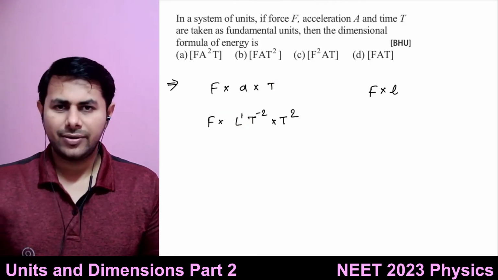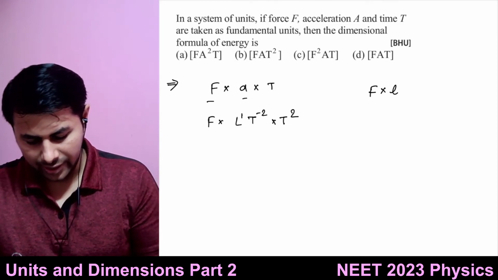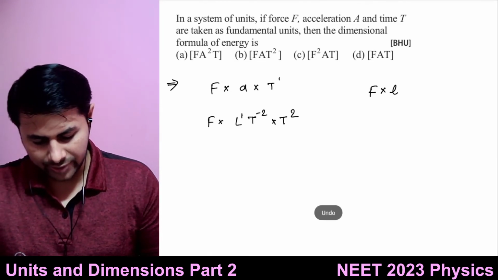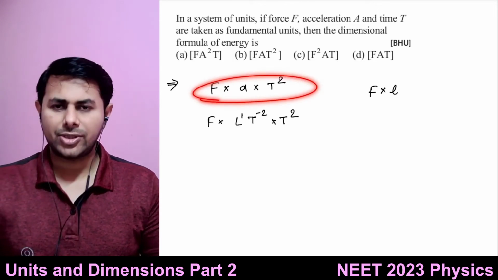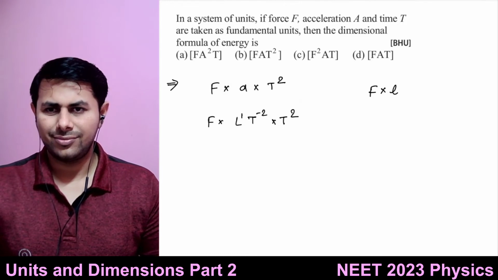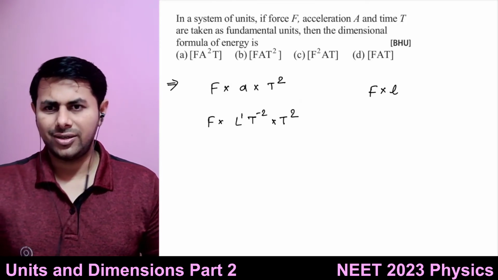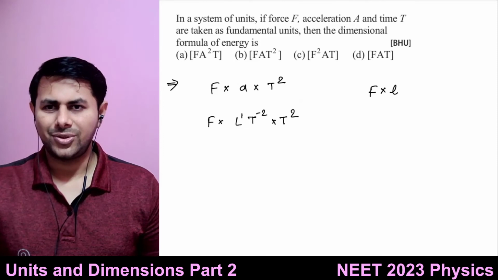So if we have F, A and t square, then the dimensions of that will be equal to the dimensions of energy. Yes or no? Sonali, got it?